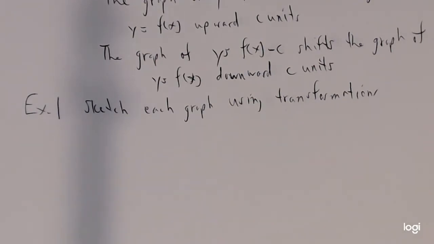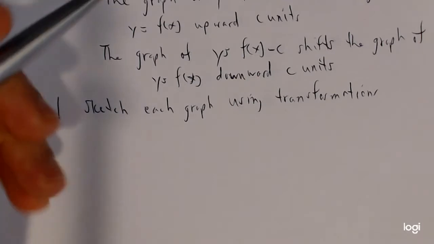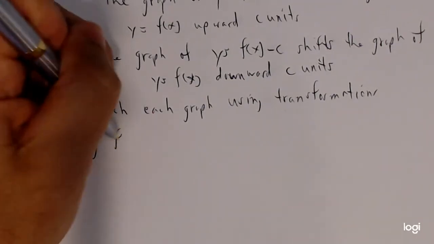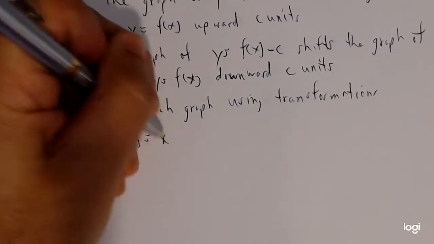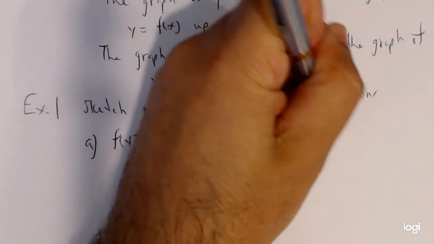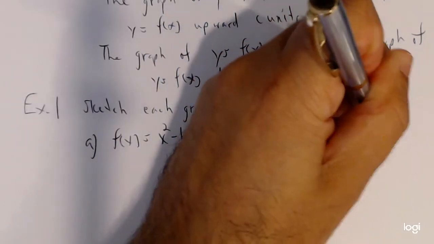With that said, we're going to start off with the first one, which is f of x equals x squared minus 1. And then the second one is f of x equals the square root of x plus 2.